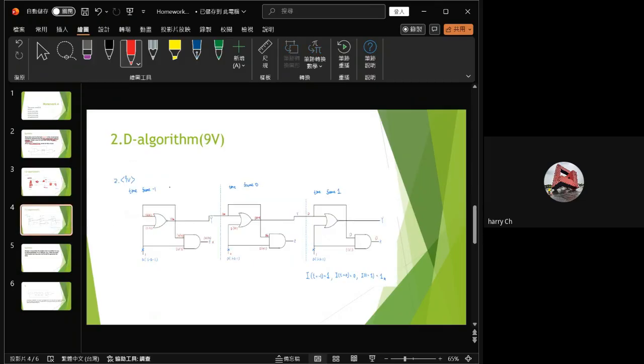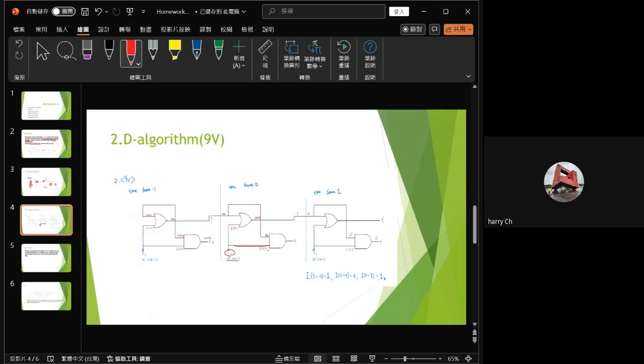And next, I want to introduce the 9-value D algorithm. First, we need to do the fault activation. So we give the 0 here, and we need to propagate the fault.